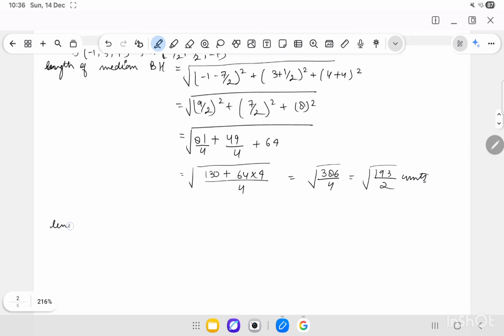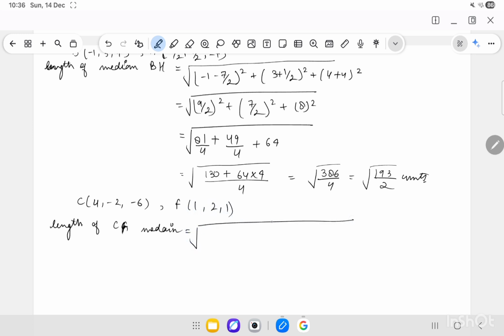Likewise, we can calculate the length of median CF. So my point C was (4, -2, -6). Likewise, my point F was (1, 2, 1).